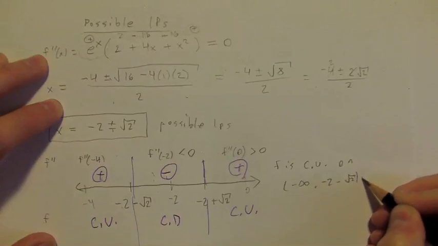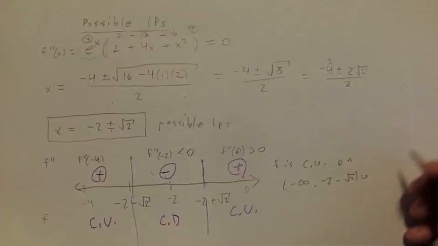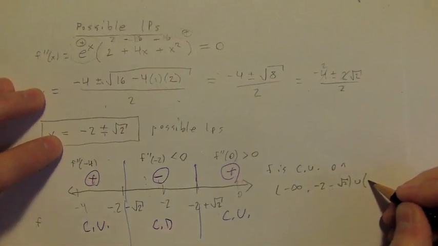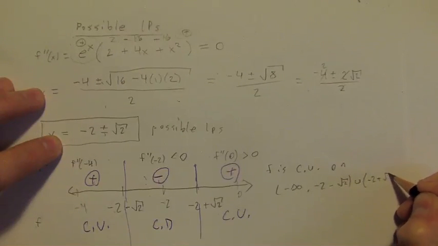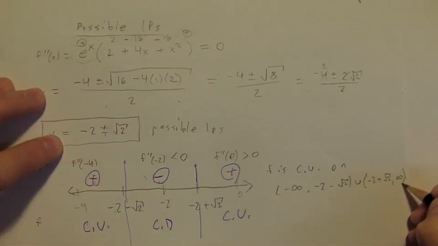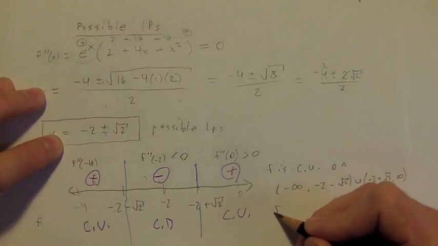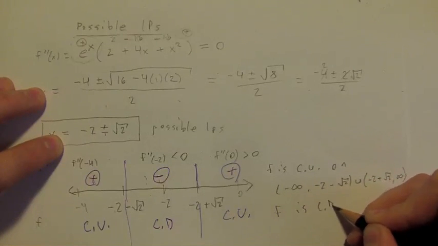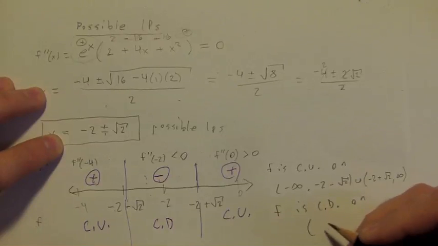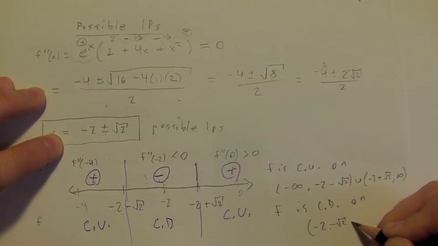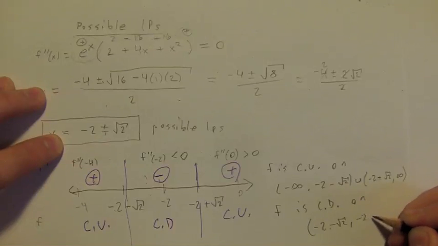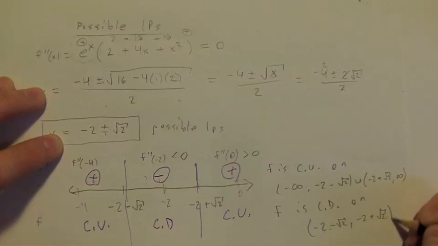Okay, so f is concave up on negative infinity to negative 2 minus the square root of 2 union negative 2 plus the square root of 2 to infinity. And then f is concave down on negative 2 minus the square root of 2 all the way to negative 2 plus the square root of 2.